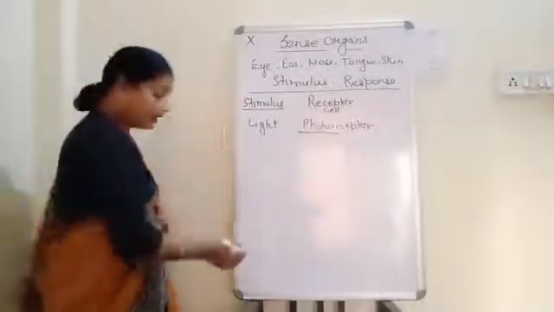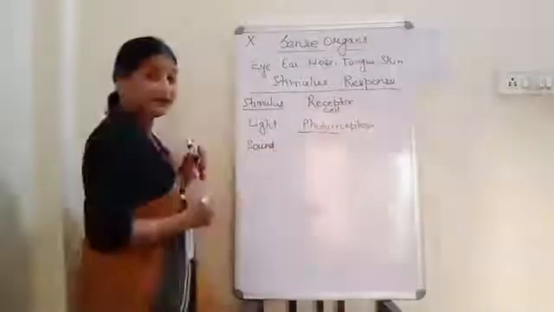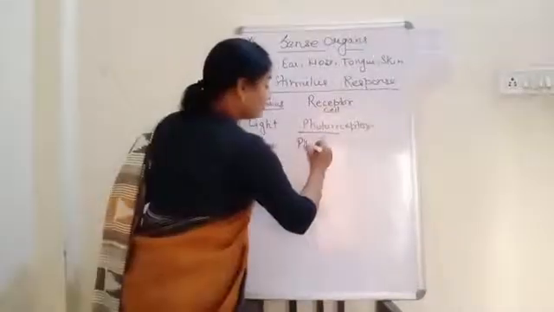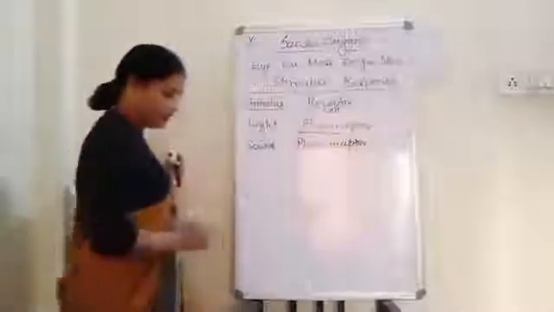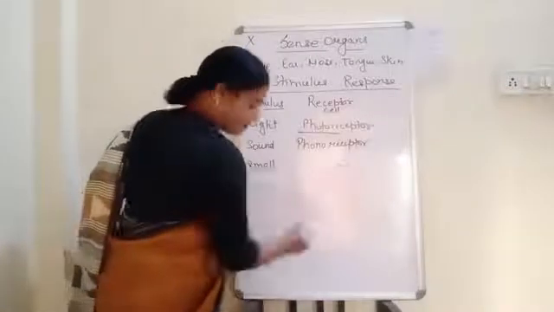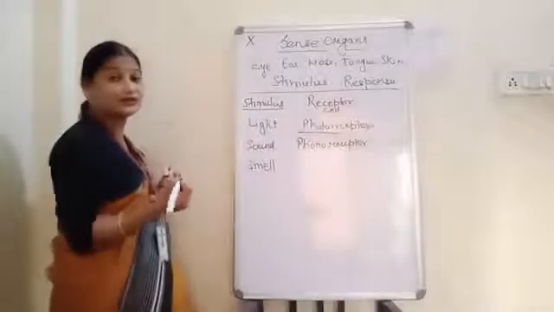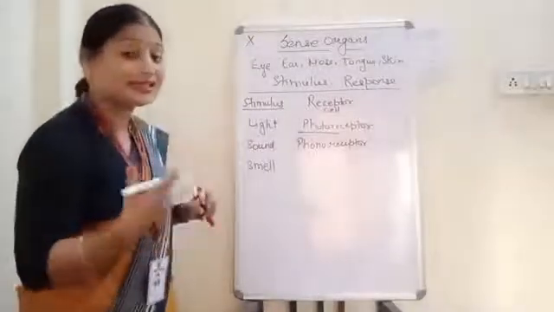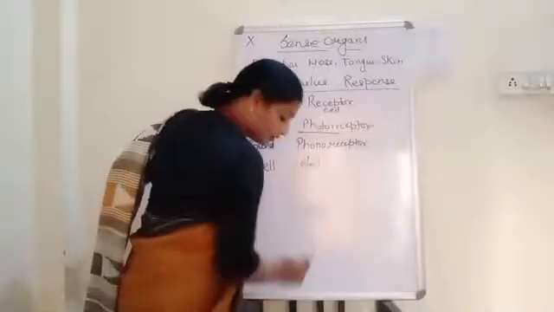Okay. Then we have sound and then the receptor will be phonoreceptor. Okay. After this, we have nose for smell and smell is olfactory receptor. Olfactory gives us the sense of smell. So what can we write? Olfactoreceptor.